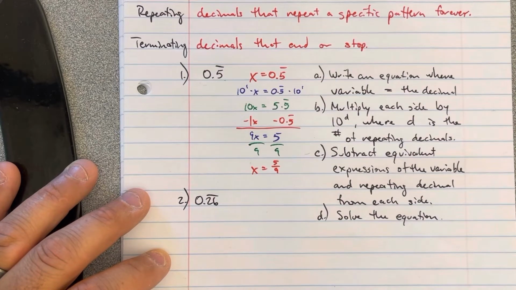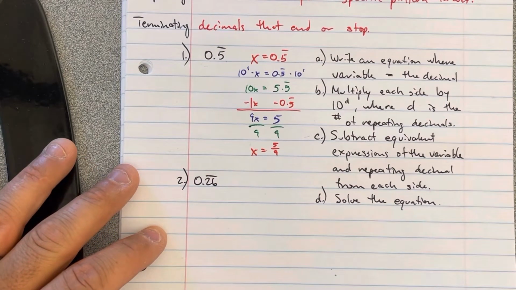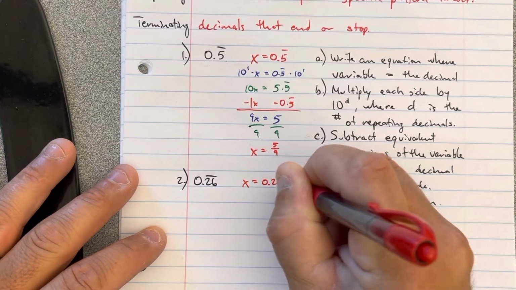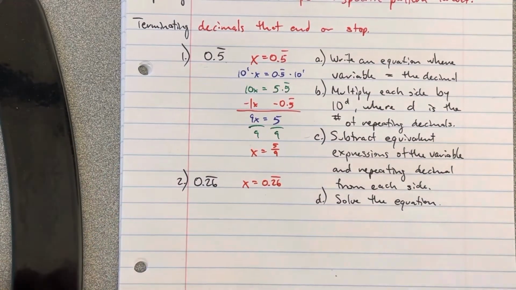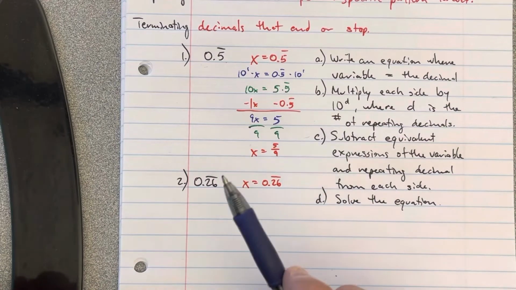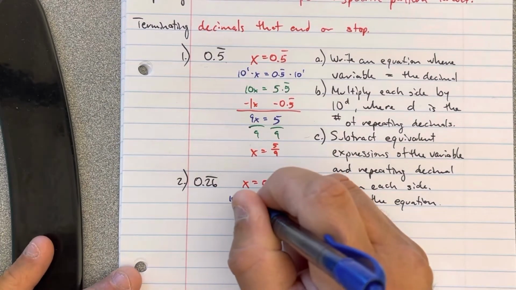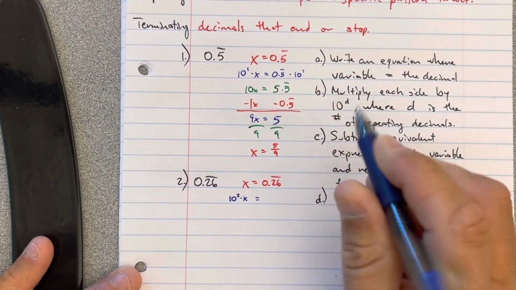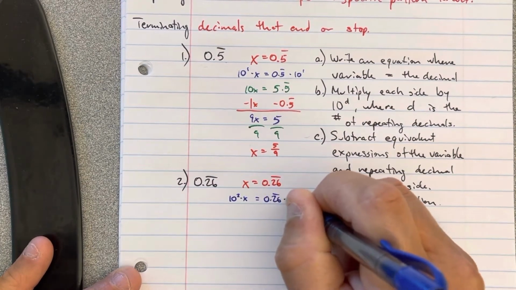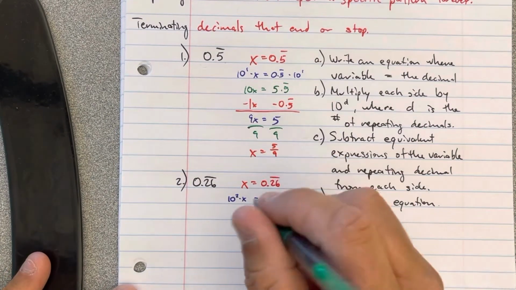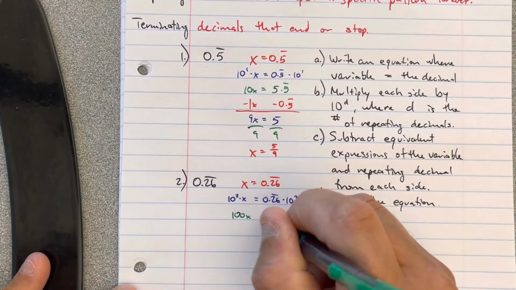We write an equation where the variable equals the decimal: x equals 0.26 repeating. Multiply each side by 10 to the d power, where d is the number of decimals being repeated. Since it's 2 of them, it's 10 squared times x, and 0.26 repeating times 10 squared. That leaves us with 100x on the left side, and 26.26 repeating on the right side.